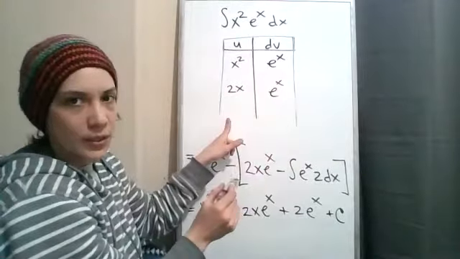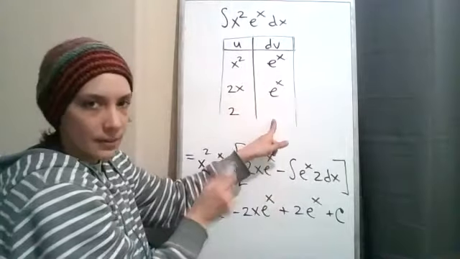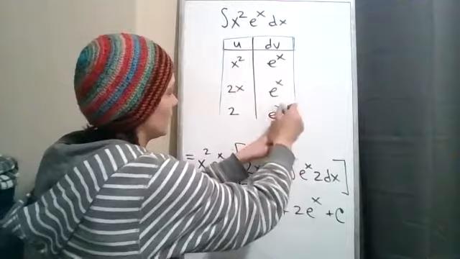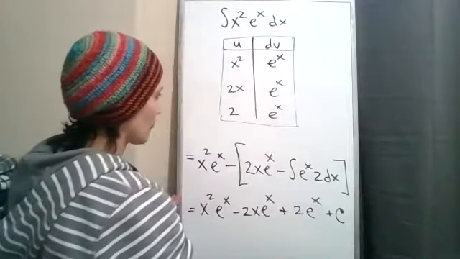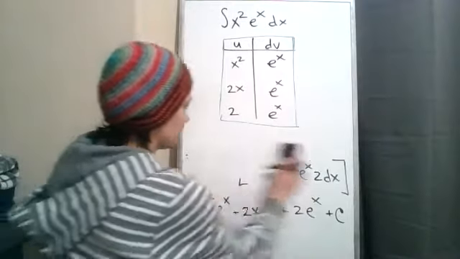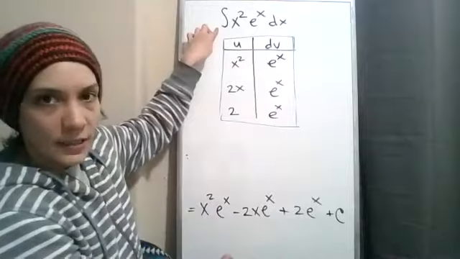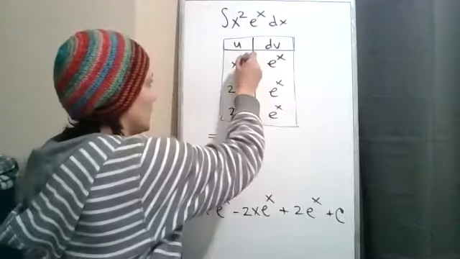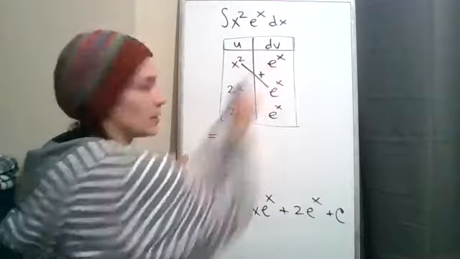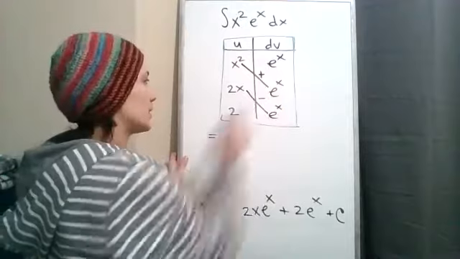Derivative will give you 2. And that's an integral. Answer is e to the x. Okay, so this integral would equal this times this as a positive number, this times this as a negative number.